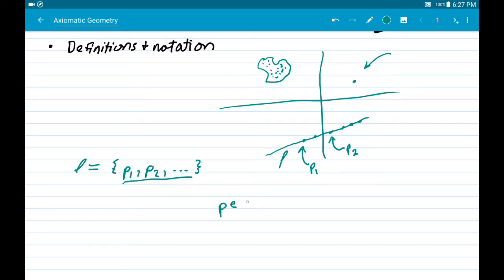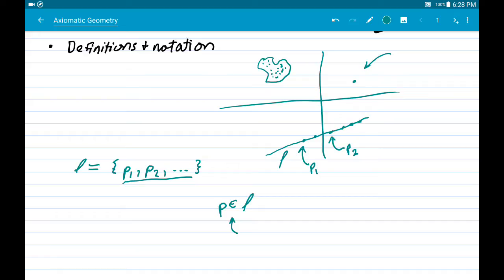So this would be saying that P is in the set L, or P is in the line L. It's like an epsilon, or maybe I should write it a little bit cleaner there. So this is saying that P is in L. It's a little epsilon symbol, or you could call it the "in" symbol, or whatever you want to call it, but that's the symbol I will use.